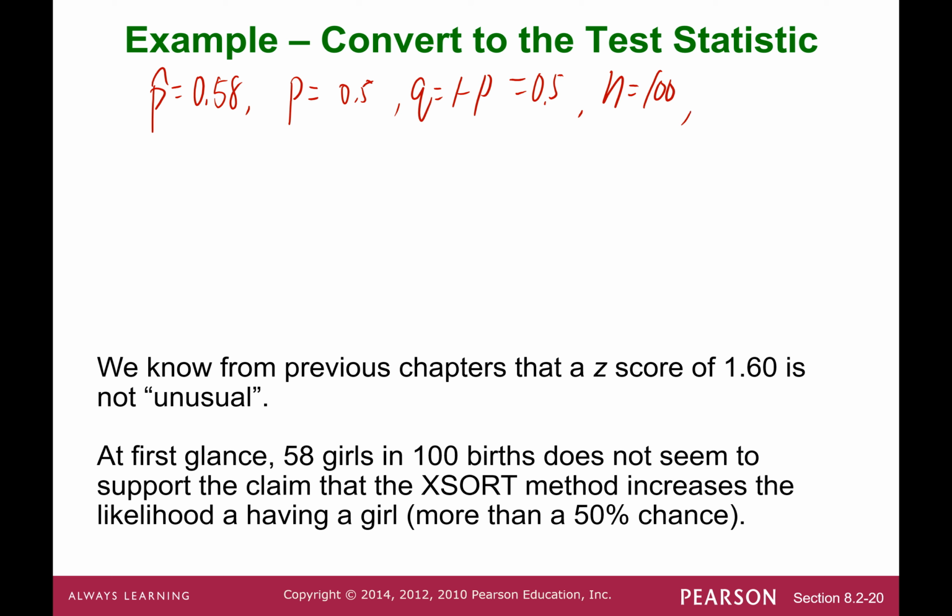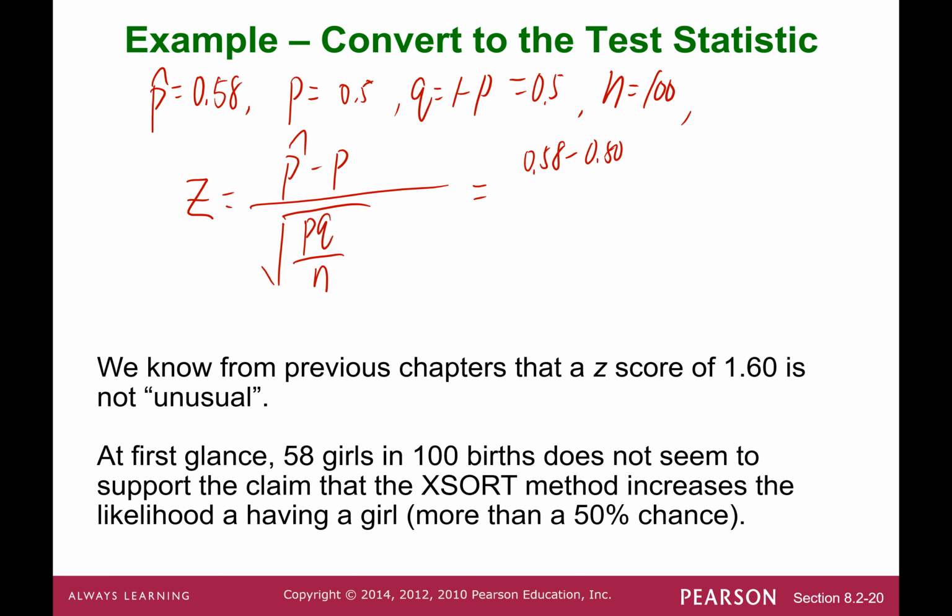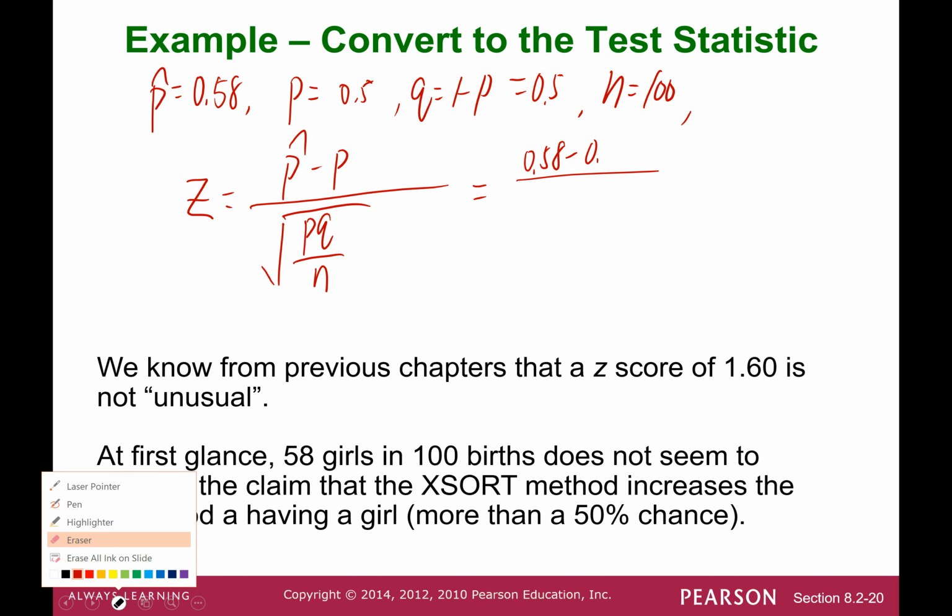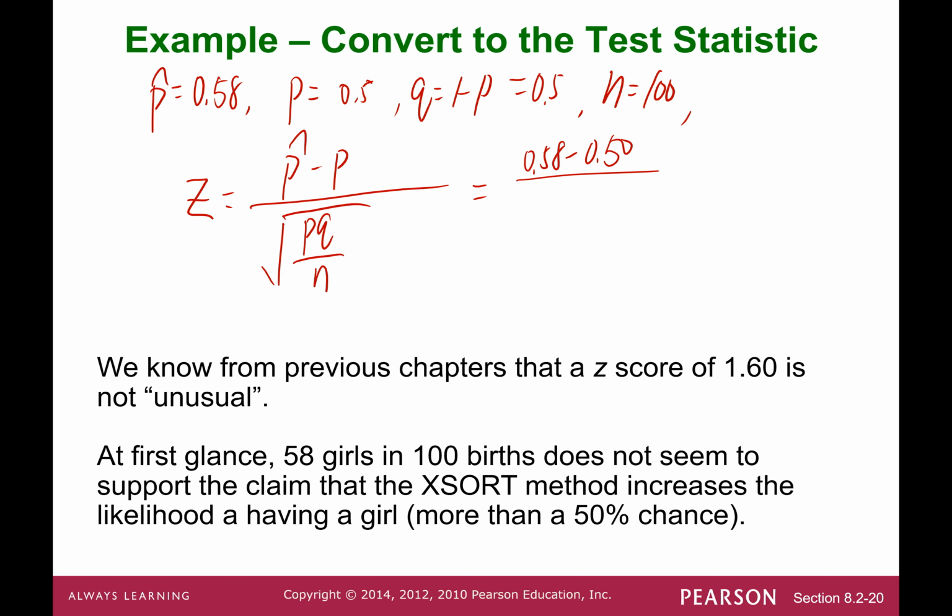And we can use the z-score formula: p hat minus p over the square root of pq over the sample size. So it's 0.58 minus 0.50, divided by the square root of 0.5 times 0.5 divided by 100, and this turns out to be 0.08 over 0.05.